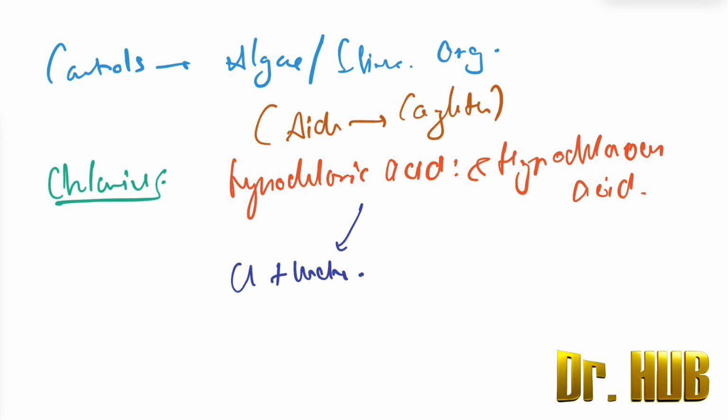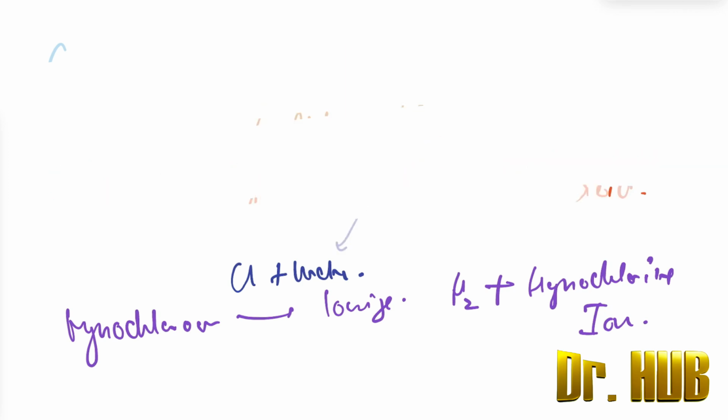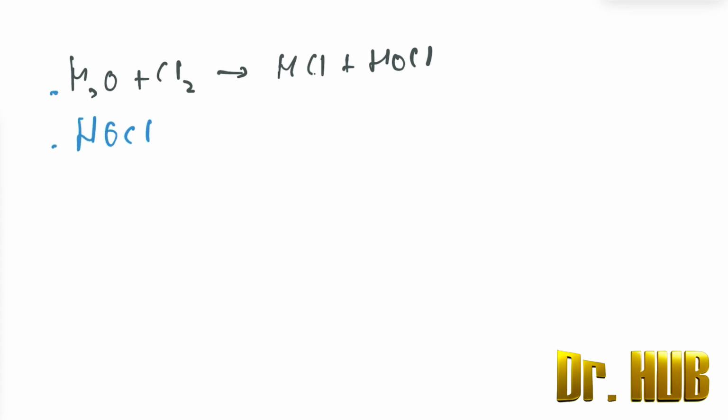The hypochlorous acid then ionizes to form hydrogen and hypochlorite ions. Let's write it in the form of equations: H2O + Cl2 gives HCl + HOCl. Then HOCl gives H+ + OCl-.